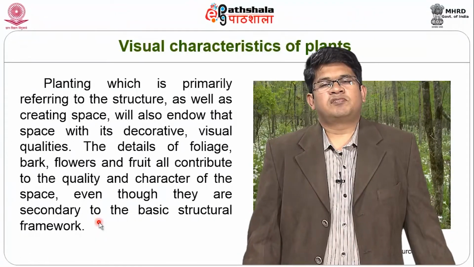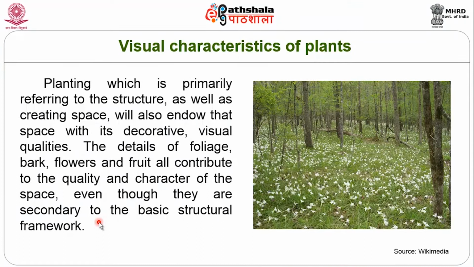Visual characteristics of plants. Planting, which is primarily referring to the structure as well as to creating space, will also endow that space with its decorative visual qualities. The details of foliage, bark, flowers and fruit all contribute to the quality and character of the space, even though they are secondary to the basic structural framework.